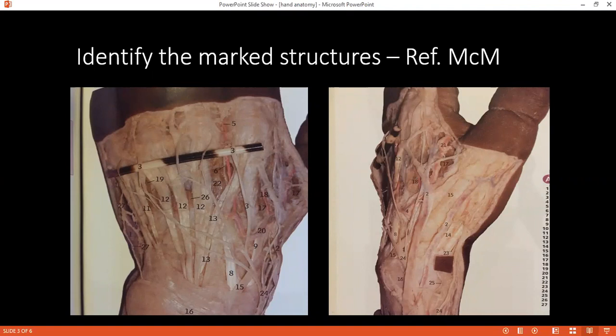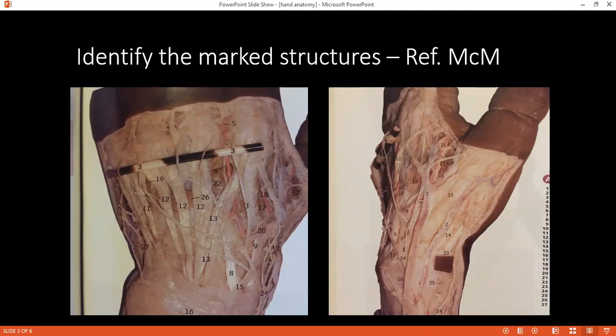Okay, since you have talked about the anatomical snuff box, can you tell me what the anatomical snuff box is and how it is formed? What are the boundaries of it?